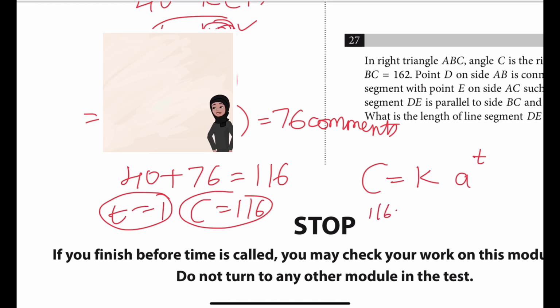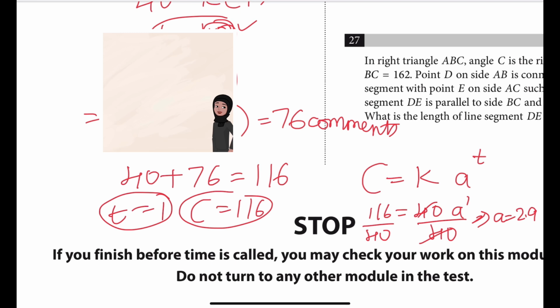So, 116 is equal to 40 times A raised to the power of 1. Now, to get the value of A, just divide both sides by 40. So 116 divided by 40 means A is equal to 2.9.